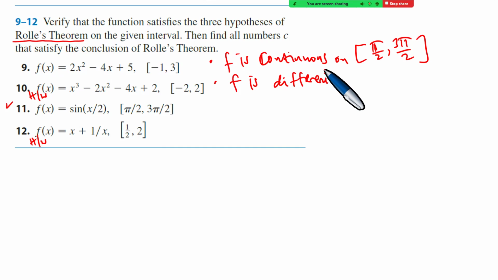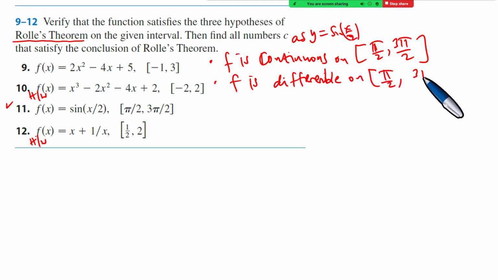So f is continuous, as y equals the sine of x over 2 is a continuous function. It is differentiable on the open interval pi over 2 radians to 3 pi over 2 radians, because the derivatives exist. f of x equals the sine of x over 2.